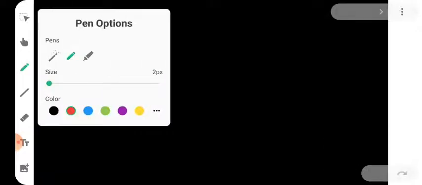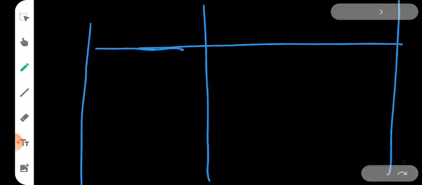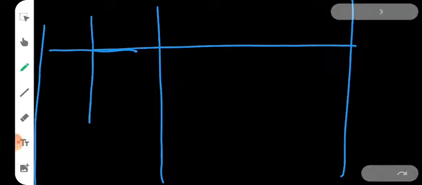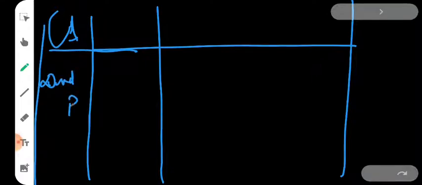So if you want to tabulate things, you have only a few things to say. Where is the u? U is anywhere between infinity and P. And where is v?